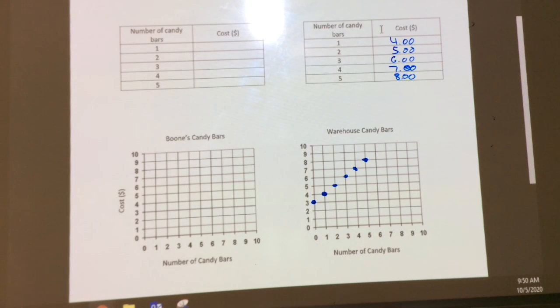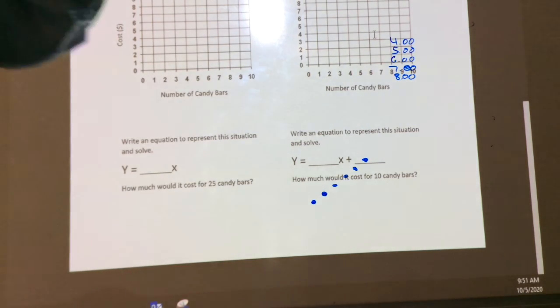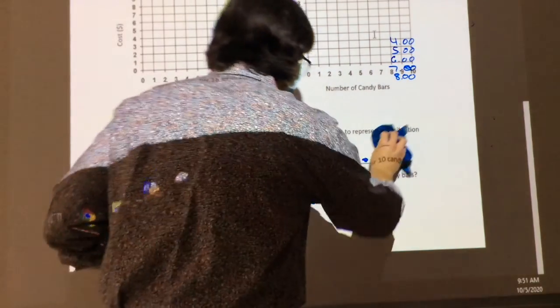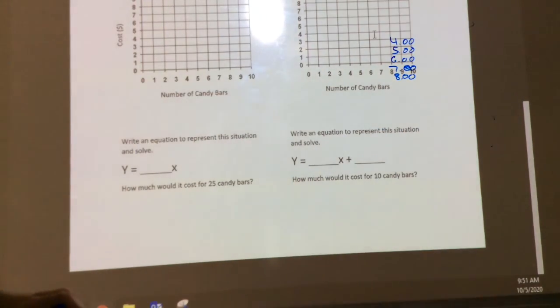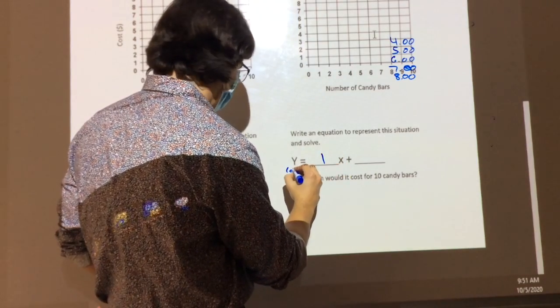So let me go down to the equation part here. It says, write an equation to represent this situation. How much would it cost for 10 candy bars? We'll worry about that question in just a second. Let me ask you this. How much did it cost per candy bar? $1, right? So y, again, is my total cost.